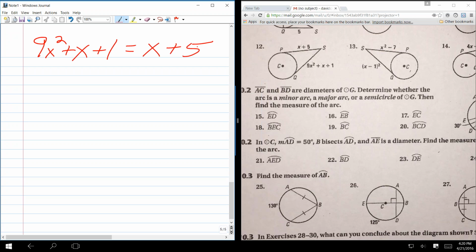You could subtract x on both sides. Next step. Subtract 1 on both sides. Okay, now you have this. Next step. To find the square root of both of those.